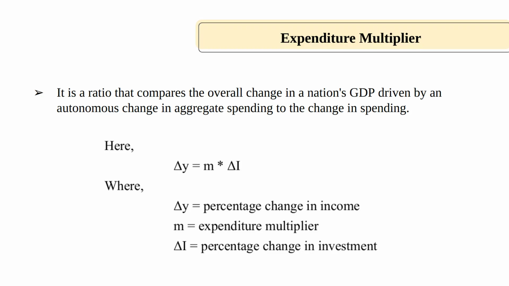Now here's where things get really interesting. That is multipliers. A multiplier shows how a change in spending affects the overall economy. For example, when the government spends more, it triggers further spending by households and businesses. Here's the formula for the expenditure multiplier: multiplier is equal to 1 by 1 minus MPC.